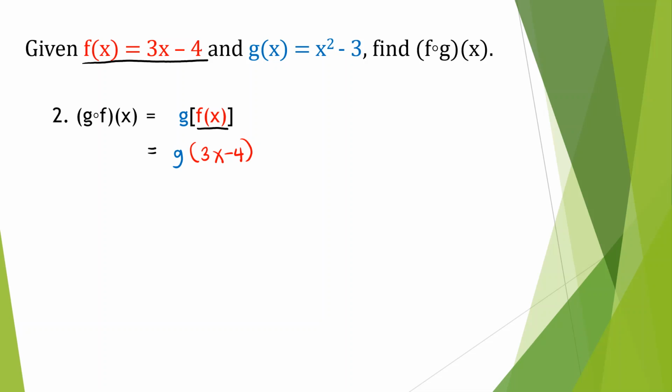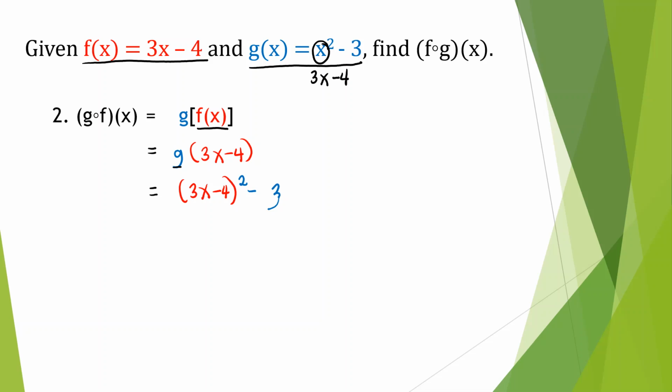Next step, we will replace g of x with x squared minus 3, where x is equal to 3x minus 4. So we have 3x minus 4 squared minus 3.